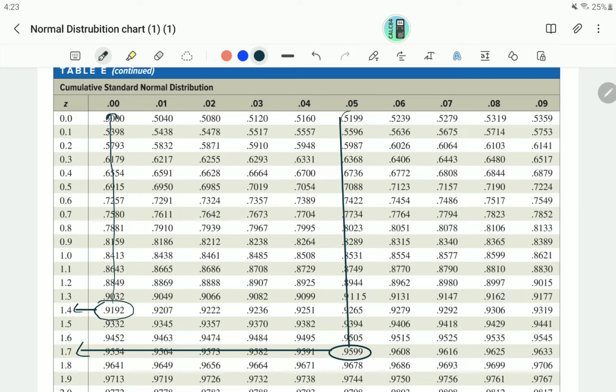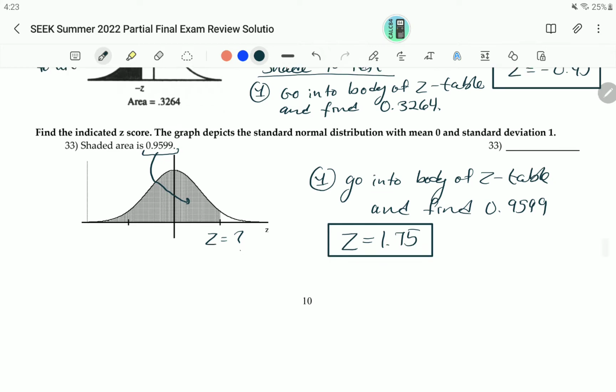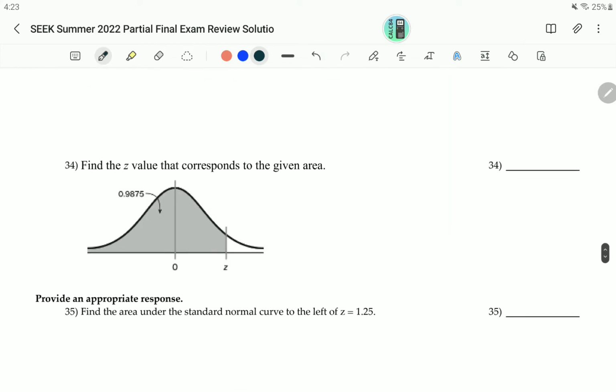All right, that didn't work out too well. And then we're going to do the same thing for the last one.